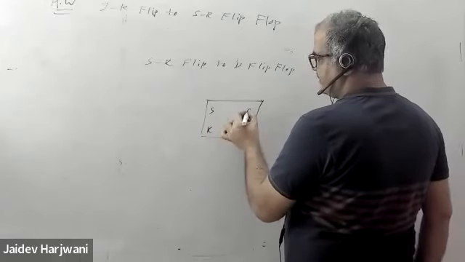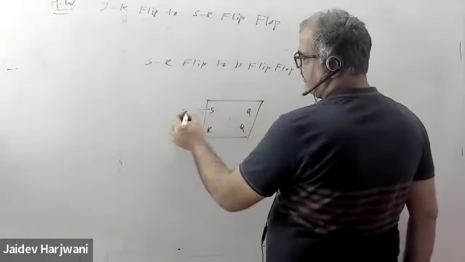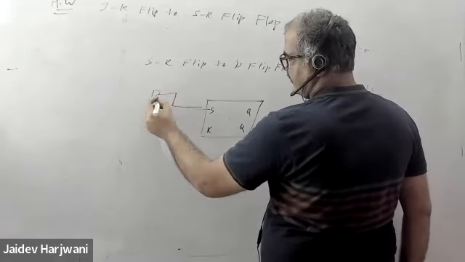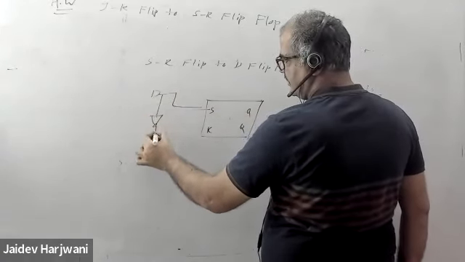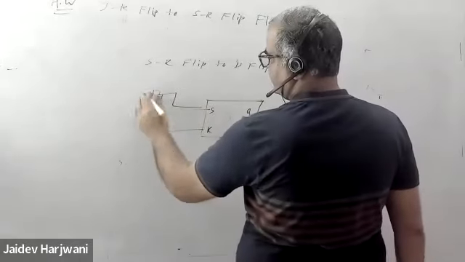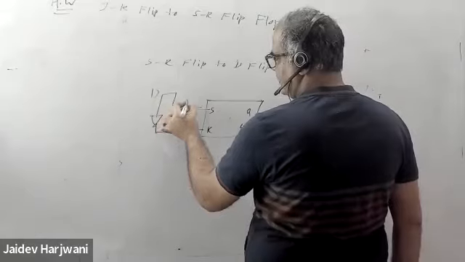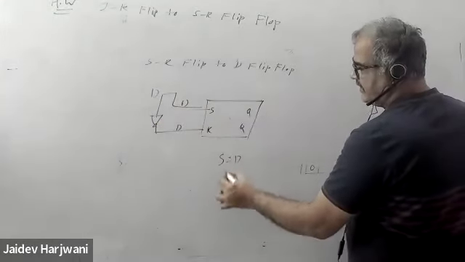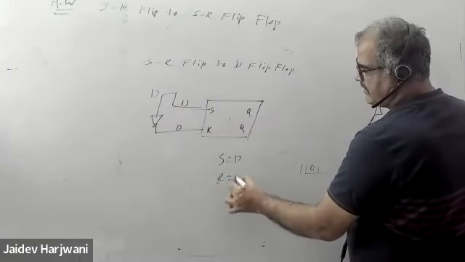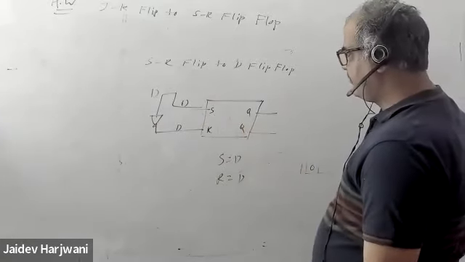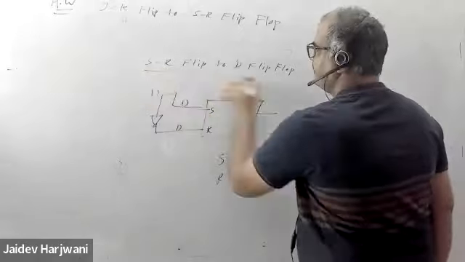We are having S, Q bar. What I use instead is a variable D here and I use inversion of D here. So this was basically D bar and D. So you're basically saying S is equal to D and your R is equal to D bar. This is the direct conversion from SR flip flop to D flip flop.